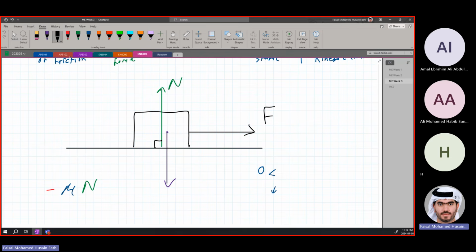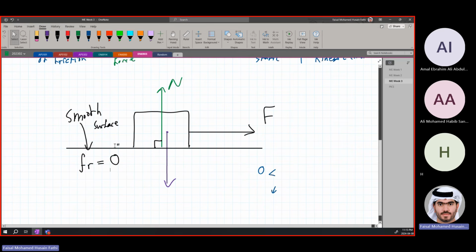That is what we are going to call this. If we call this a smooth surface, it means there is no friction force, so FR is equal to 0. This is what a smooth surface means. Of course, we're not dealing with smooth surfaces anymore, but if someone asks about a smooth surface, or in a question they say assume a smooth surface, it means these are your only forces: the weight, the normal force, and the force acting upon the object.